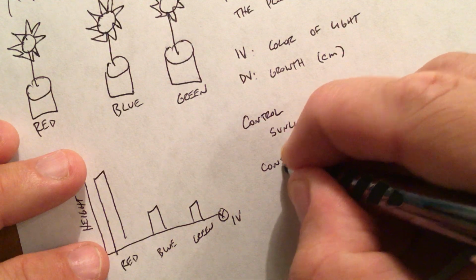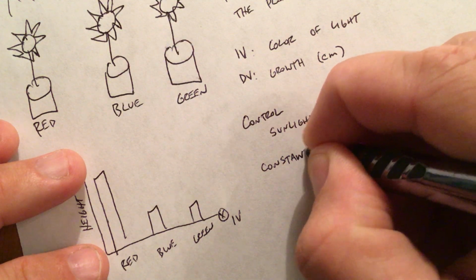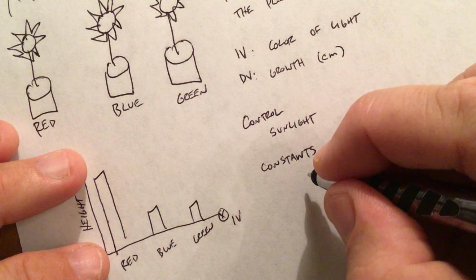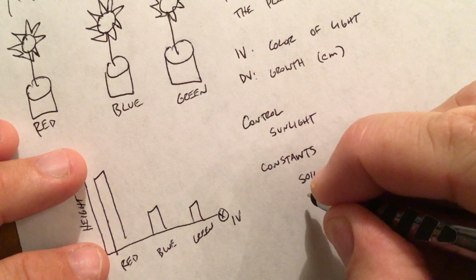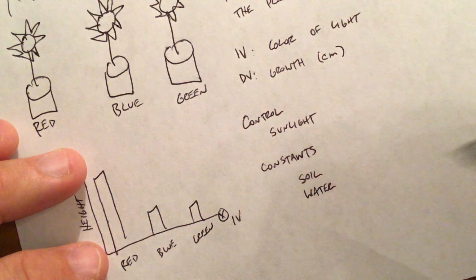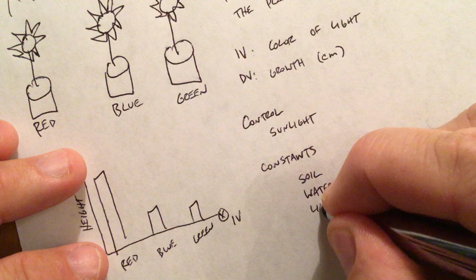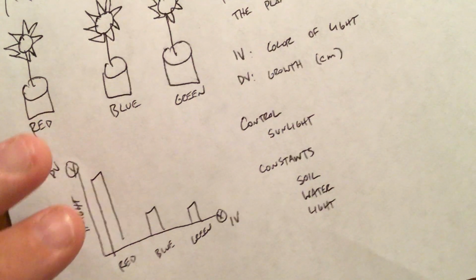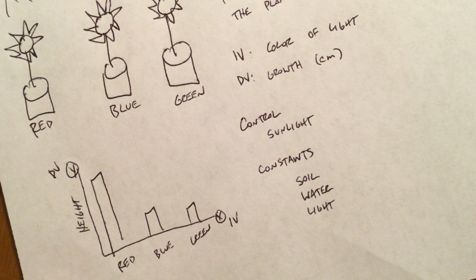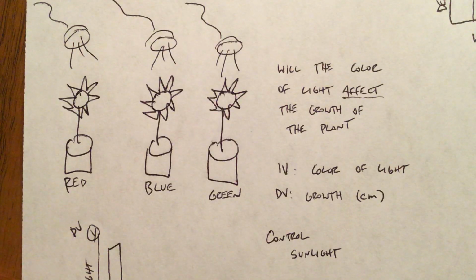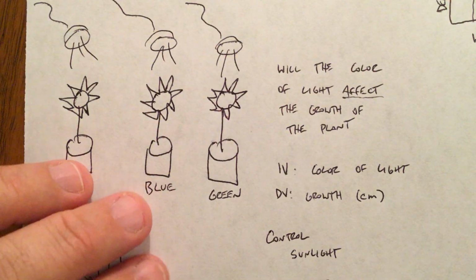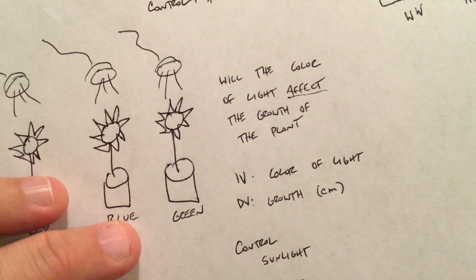And there's lots of fun things you can keep constant with plants, such as the soil, the water, the light intensity, like the wattage of the bulbs. Yeah. So those are 2 examples of finding IV and DV in a given experiment.